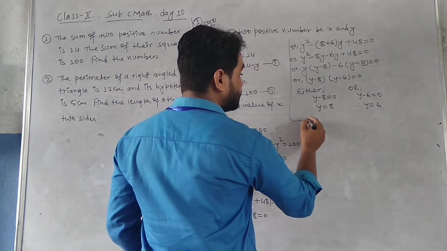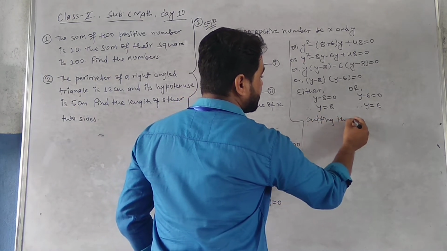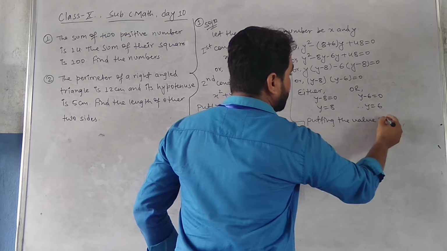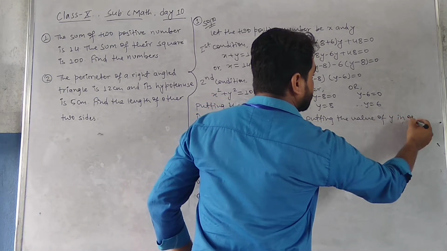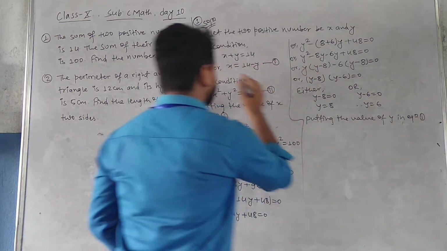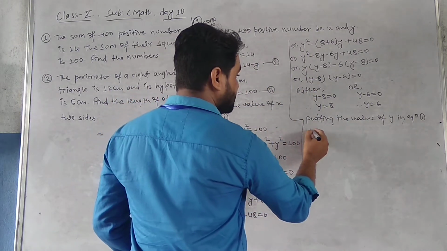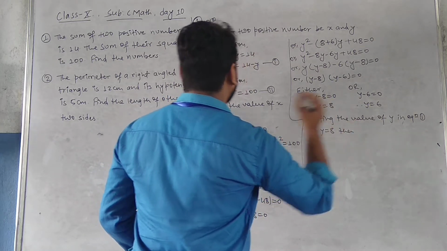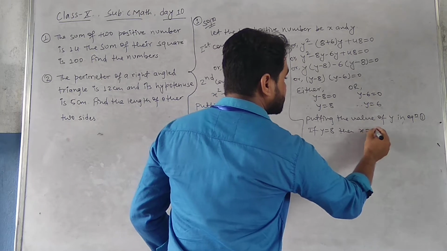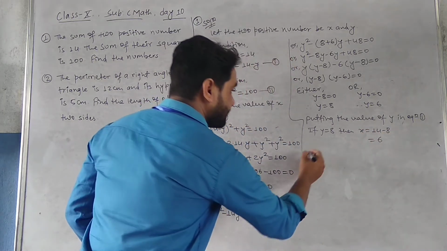And now we are going to put the value of y in the equation. At first x, if y equals to 8, then x equals to 14 minus 8, that means 6.